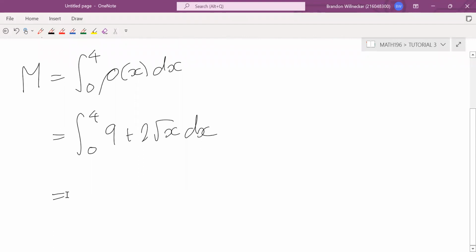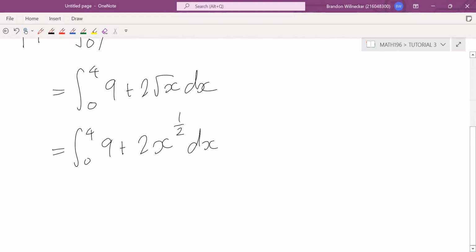That's equal to the integral from 0 to 4, 9 plus 2x to the 1/2, so that we can use the power rule. This is going to give us 9x plus 2 times, we add 1 to the exponent to make it 3/2, divide by 3/2, that's the same thing as multiplying by 2/3, and then we have x to the 3/2.